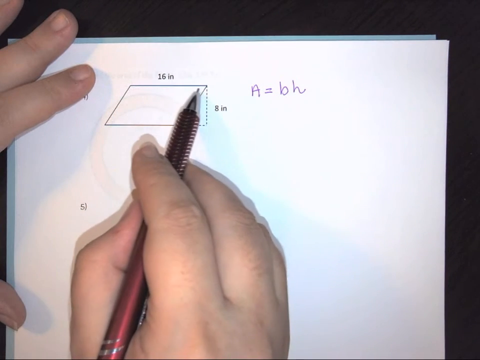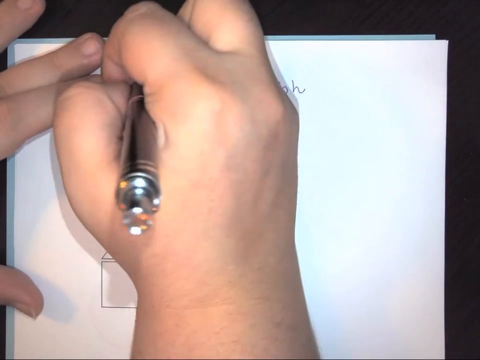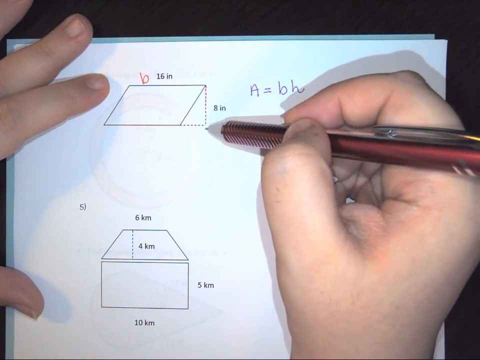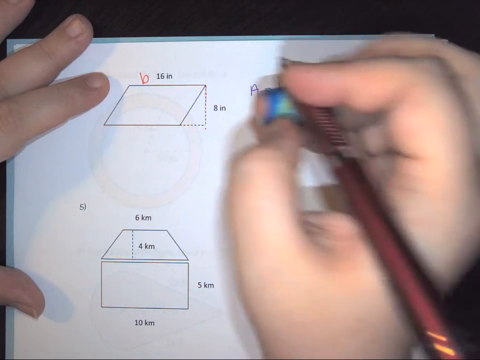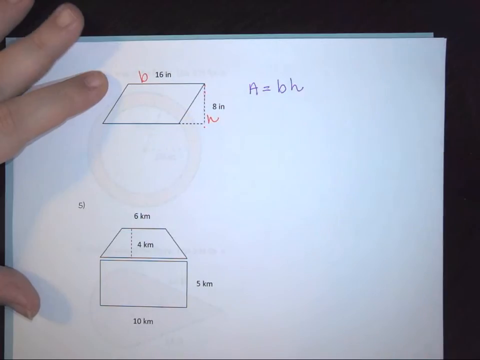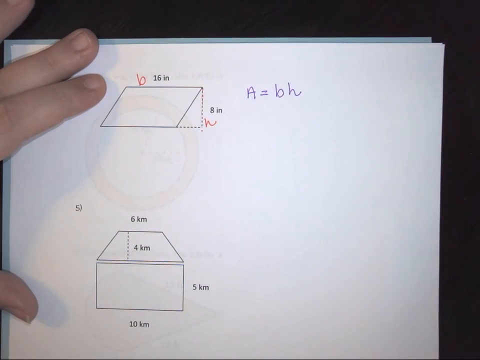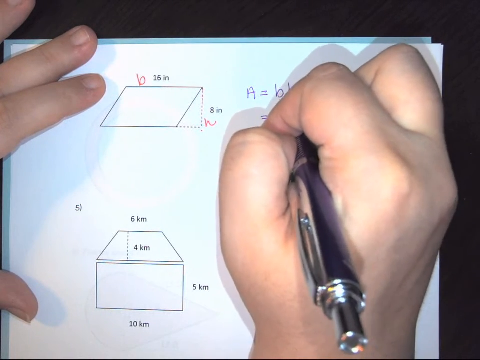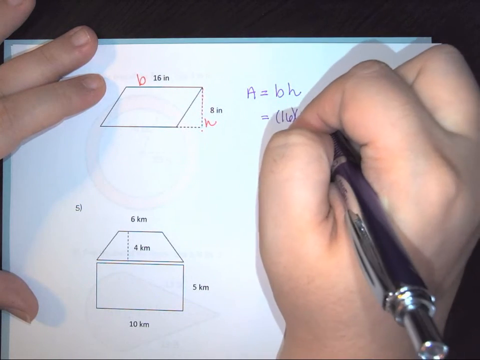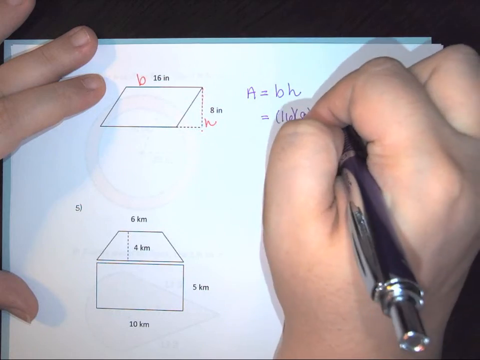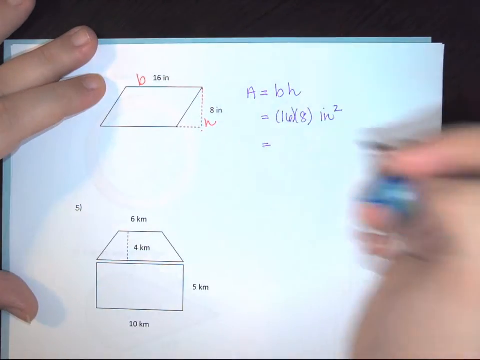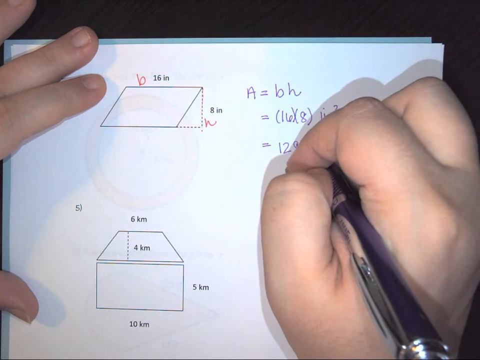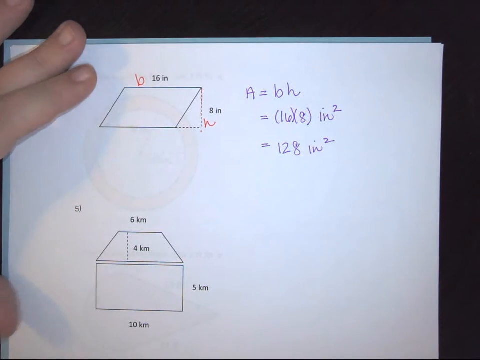Your base is going to be the part of the shape that you have, so this is your base, whereas your height again is going to be this vertical line here that drops straight down, so this is going to be your height. So in this case, we're going to be doing 16 times 8, and this is going to be inches squared. When we multiply that together, we end up with 128 inches squared.